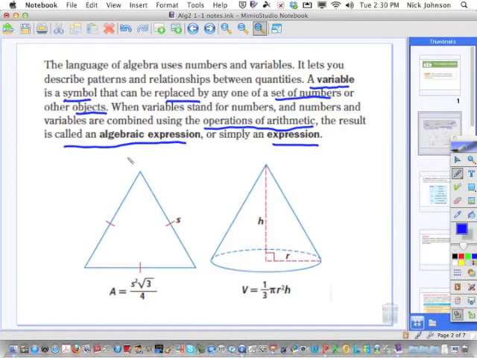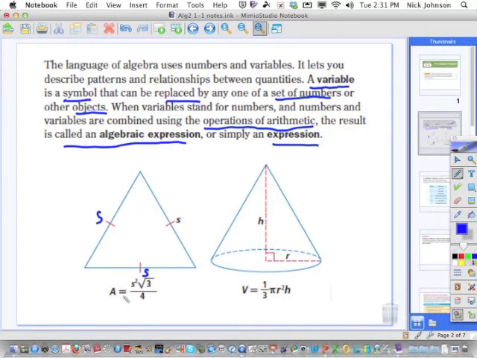So if you look here, there are two pictures. There's a picture of a triangle, and the tick mark means this side is congruent to this side. So this side is S, so that means this side is also S. So it's an equilateral triangle, as you should remember from geometry.